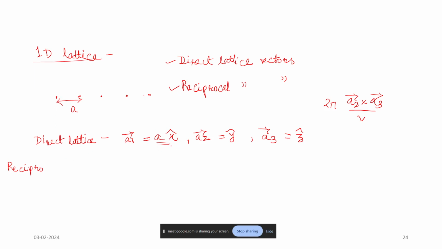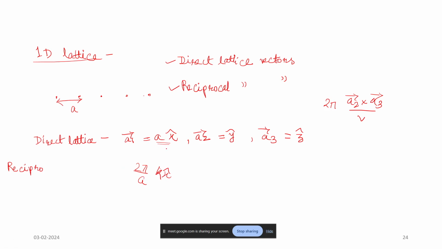Even without going through this exercise, you can see that this will be in terms of 2 pi by a, something times x cap, k x cap. I am showing you these steps so that if any kind of lattice is given, even 2D, you can do these steps and finally get the answer.